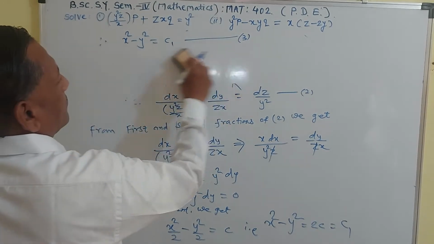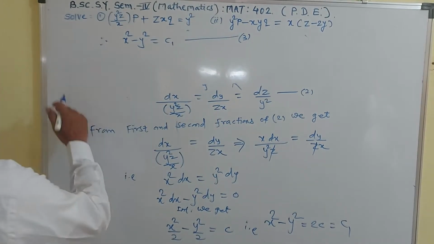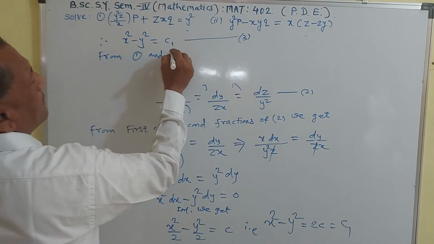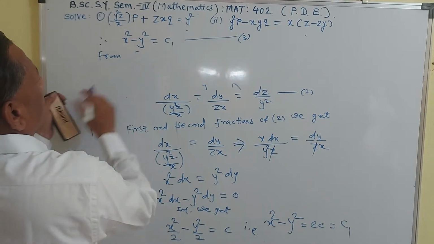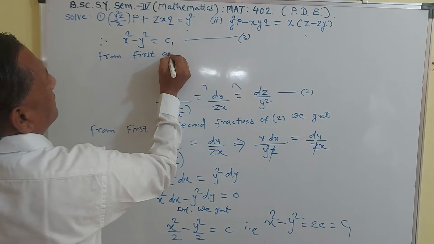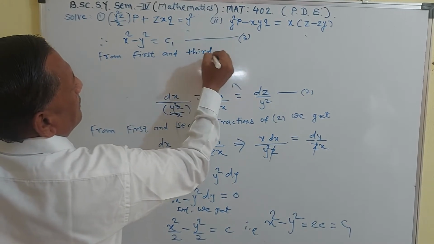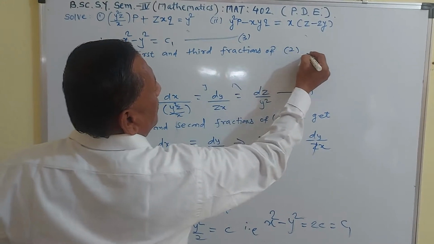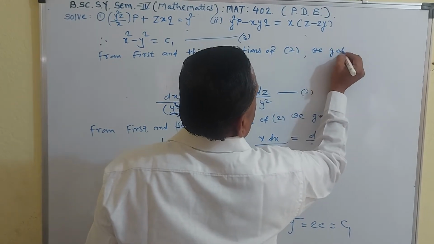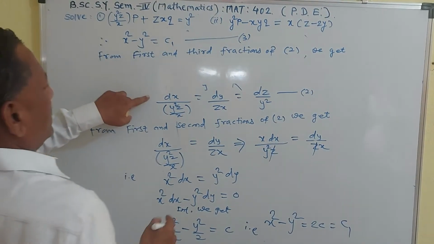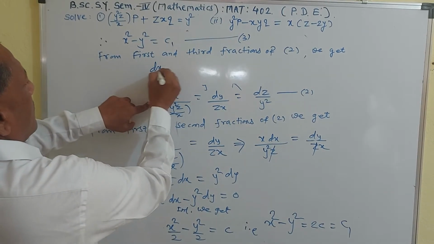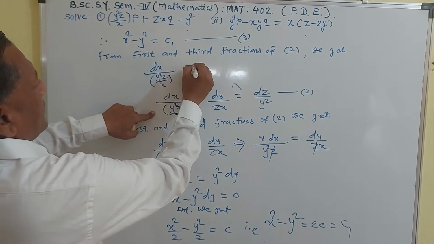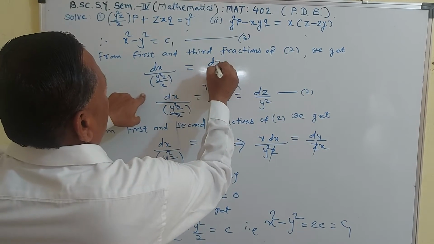So making use of the first and third fractions of equation 2 we get dx upon y square z upon x is equal to dz upon y square.